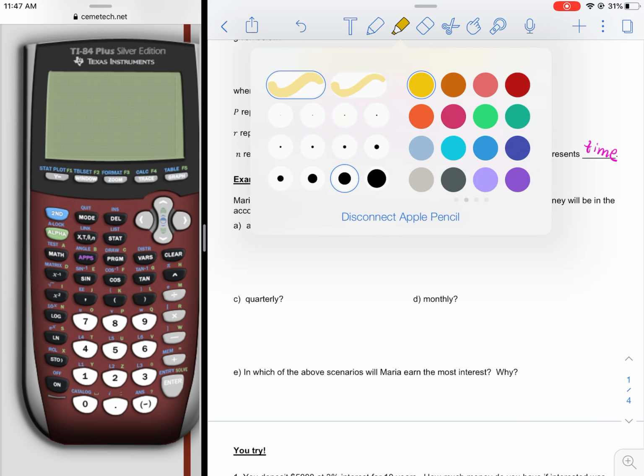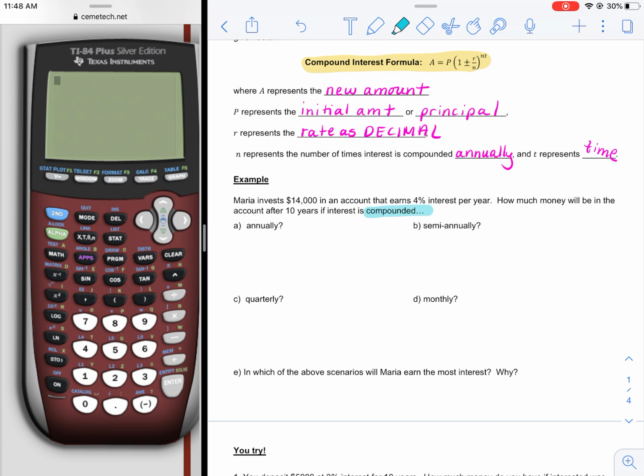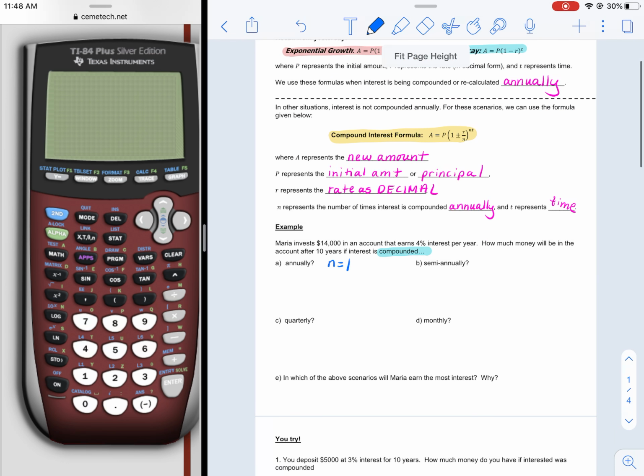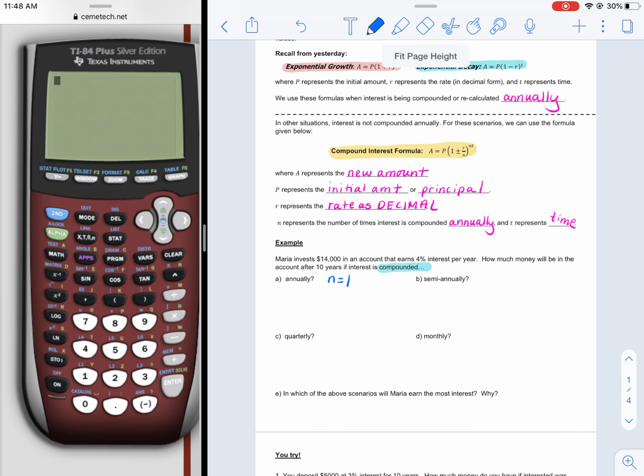The reason I know I have to use the compound interest formula is because of this word right here, compounded. If you don't see the word compounded, then you assume it's being compounded annually. Remember, if it's compounded annually, that means just once per year, so n is 1. Notice that if we look at this compound interest formula, watch what happens if we let n equal 1.